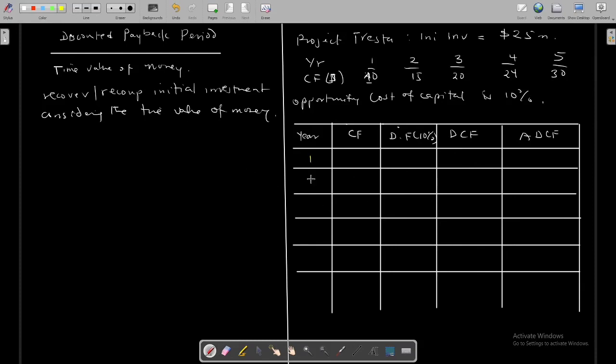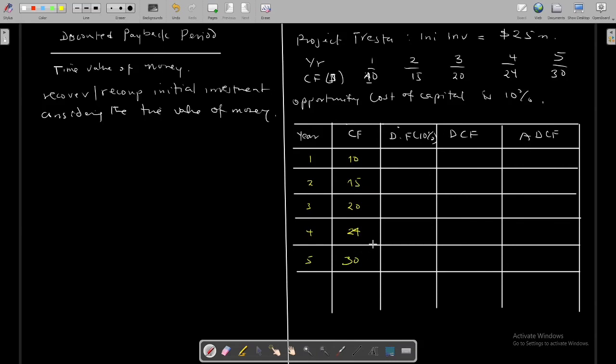Year 1, year 2, year 3, year 4, year 5. The cash flows we're given here: 10, 15, 20, 24, and this is 30.